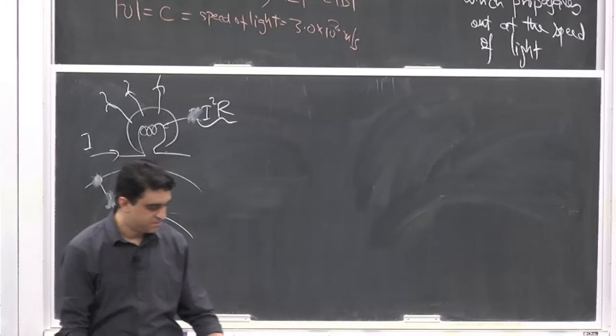So these are the few configurations. This is the linear frequency, this is the angular frequency, this is the wave number, and so on. That's how you characterize the wave.